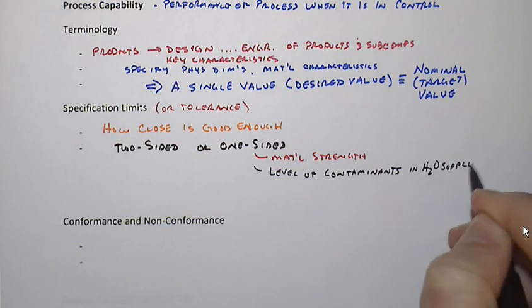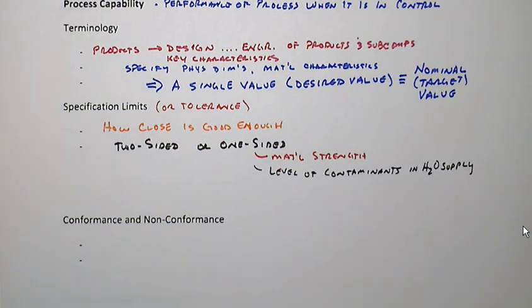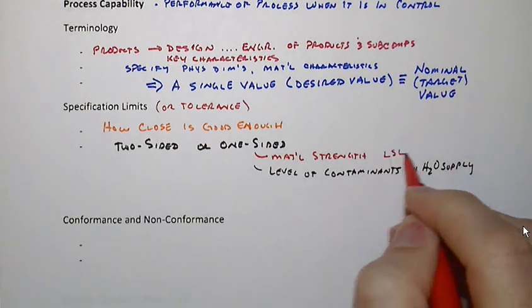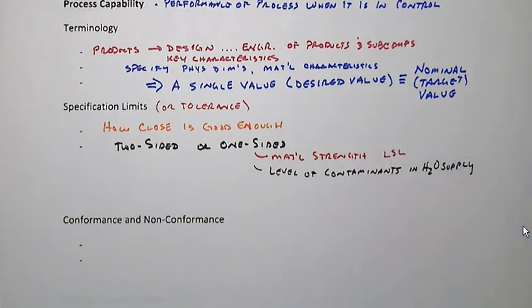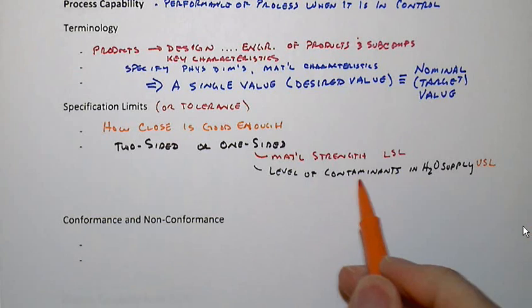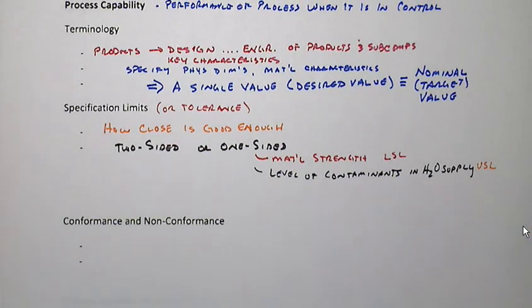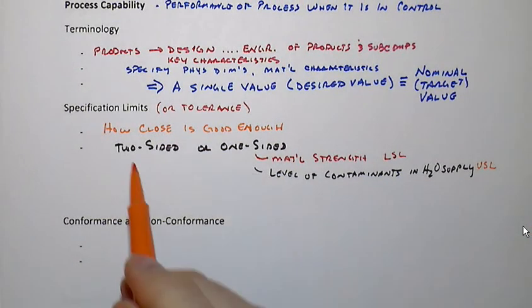So here a difference between the two is that the material strength might be a lower 1-sided specification limit, whereas contamination, of course, might be very much on an upper specification limit perspective, that I don't care if I have less, but I certainly don't want more than a particular value. But I don't need to have 2-sided, versus dimensional kinds of specification limits are very oftentimes going to be 2-sided.